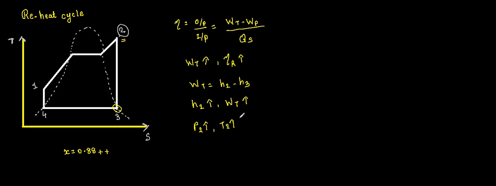As shown in the figure, the steam pressure is kept constant during the reheating. After reheating, the steam is readmitted into the turbine and expanded to condenser pressure.